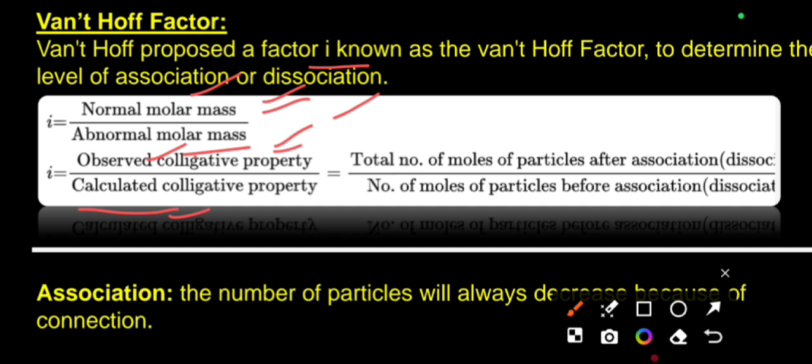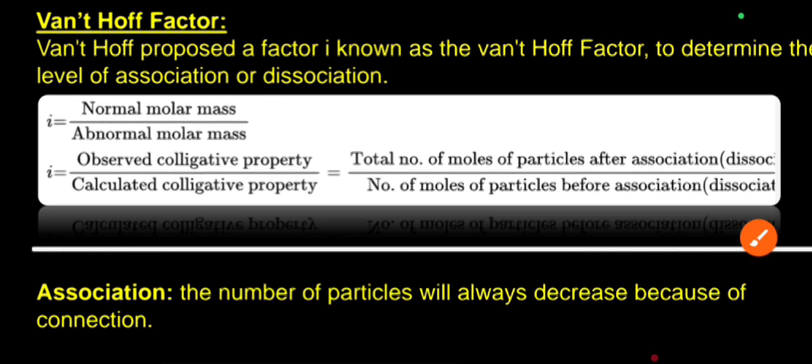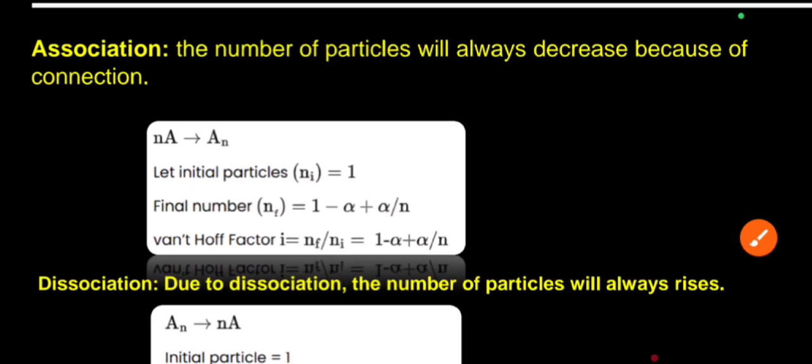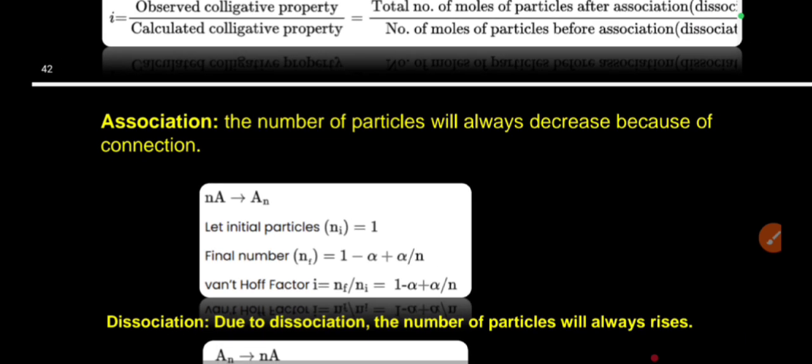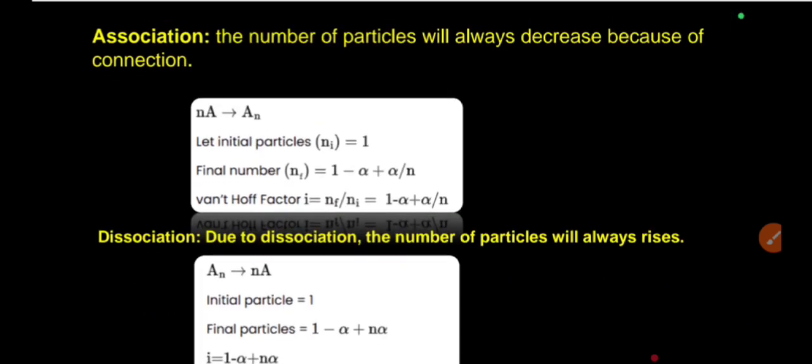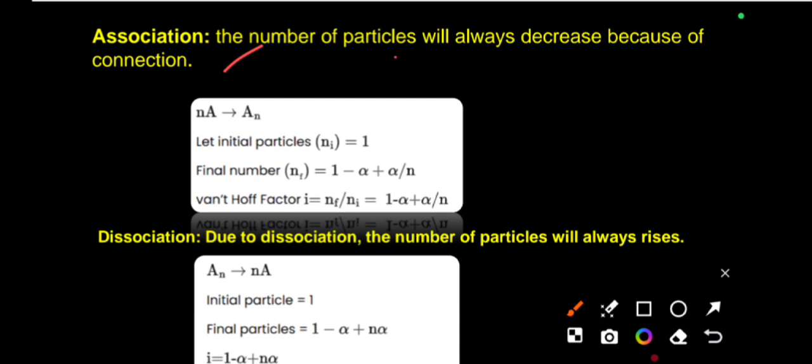In other forms, for association, i is the total number of moles of particles after association divided by the number of particles before association. What we have taken you keep down, and what we have after association you keep upside. In association the number of particles will always decrease because of connection.